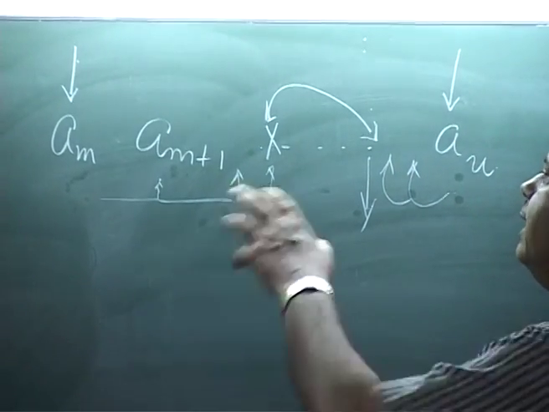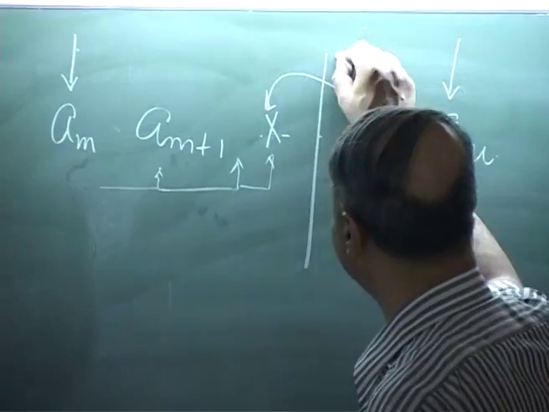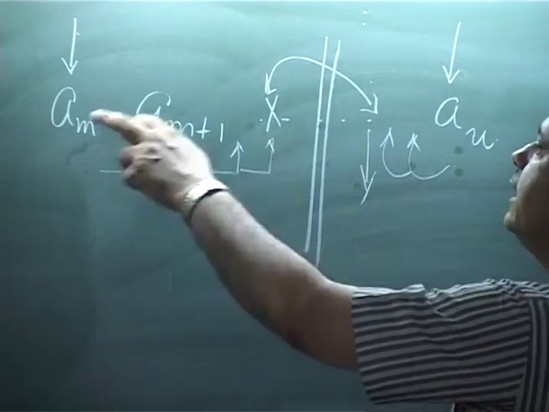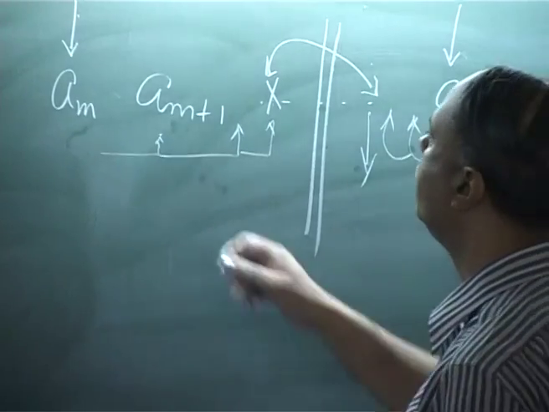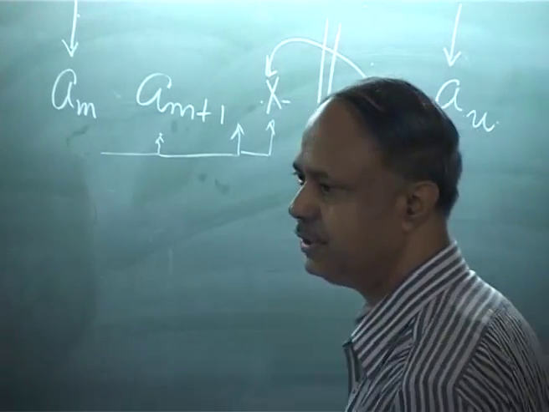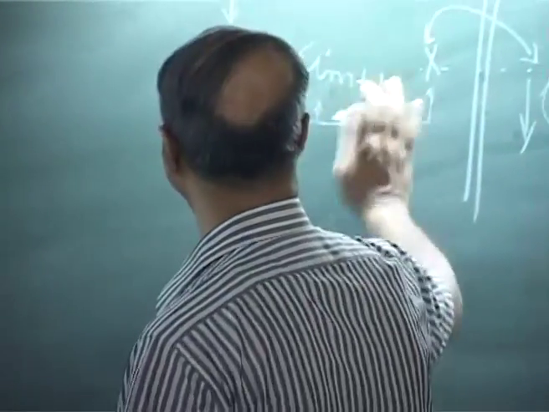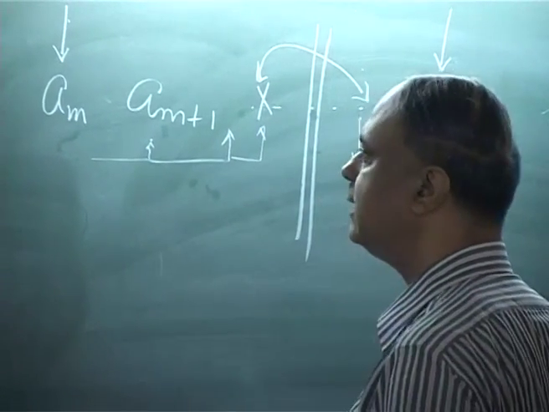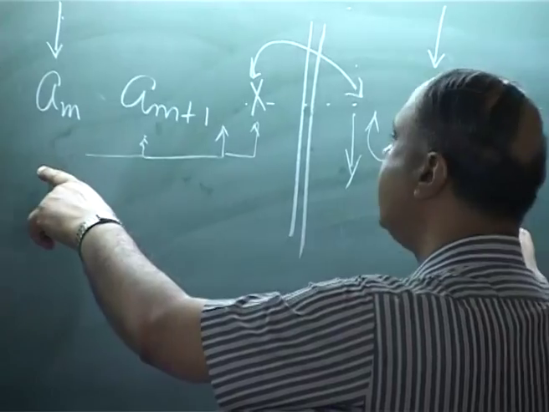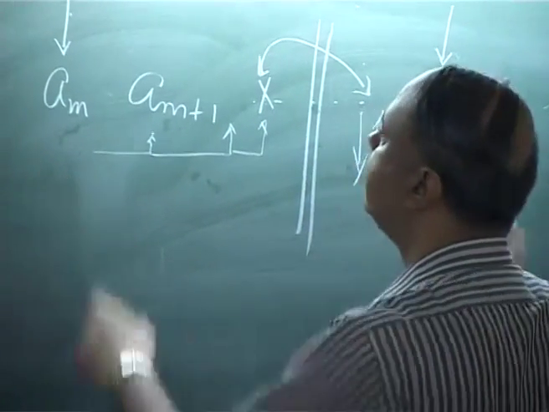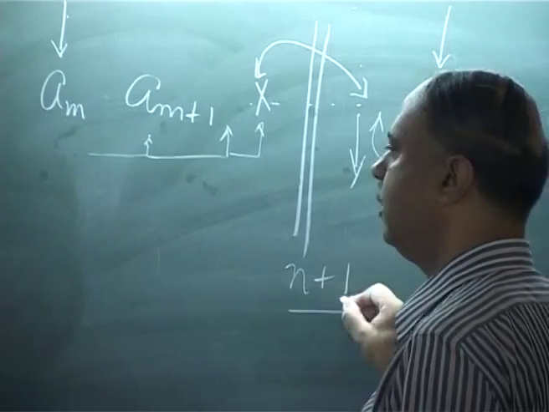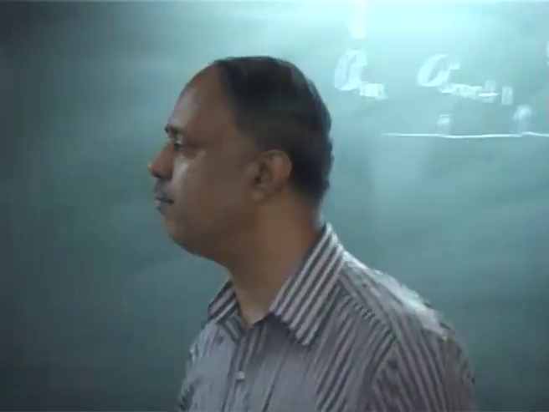Finally, you get a position where the pointers have crossed over. So you interchange this element with this one, and AM gets its own position. All these elements will be smaller than this element, and all these elements will be larger than this element. Now, if I consider the size is n, then I need n plus 1 comparisons. So this is the idea of the partitioning element.